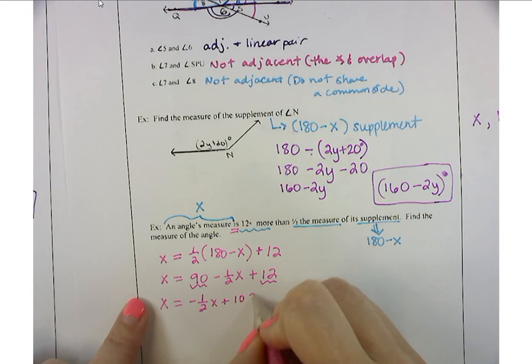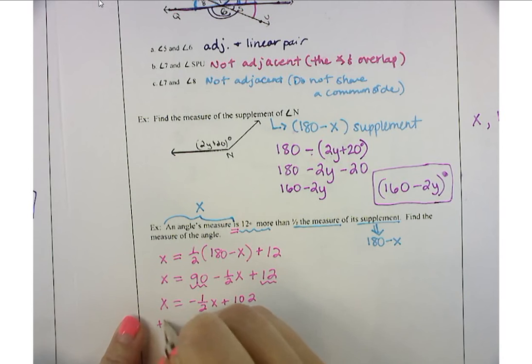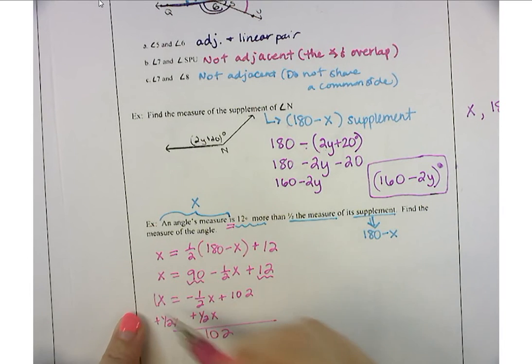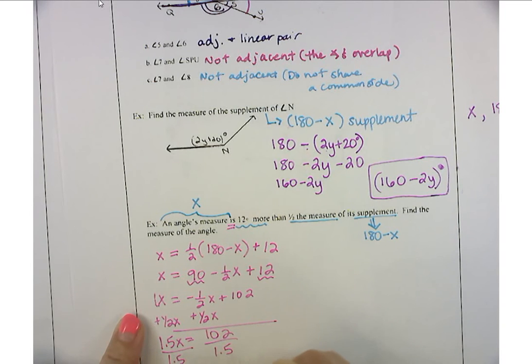And then I'm going to get all my x's to one side. And then just remember that this is like a 1 here. So 1 plus 1/2 is 1 1/2, 1.5. So I'm going to divide both sides by 1.5, which will give me 68 degrees.